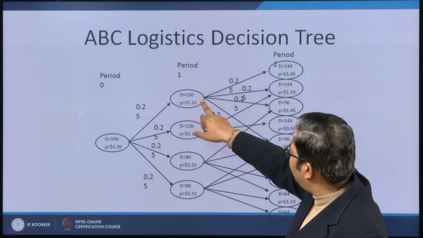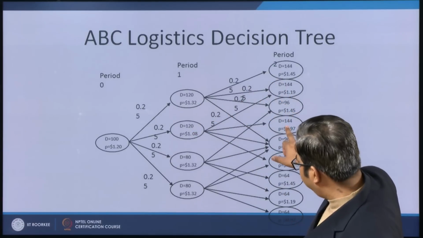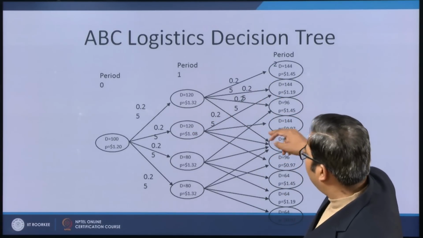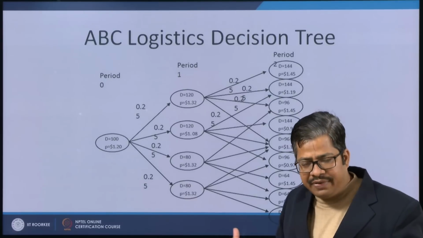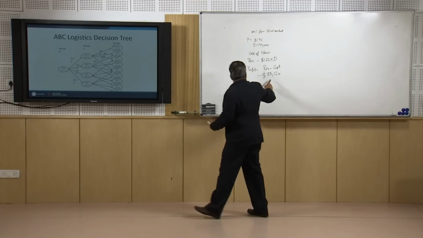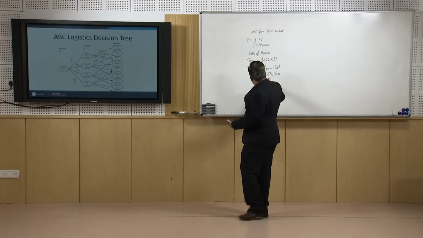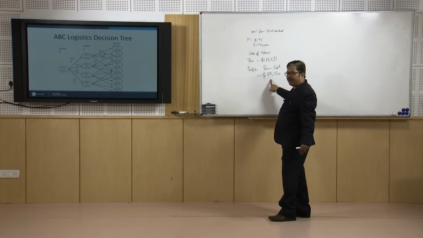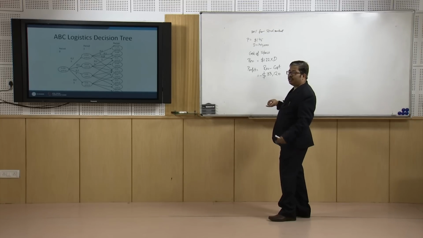So, from this state there are 4 states which are coming, and these 4 states have the possibility of 25% each. So, I will see the possibility of getting this negative profit, possibility of this loss of 33,120 is 25% in period 2.